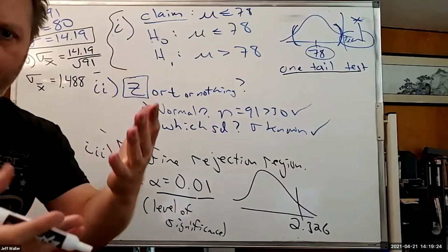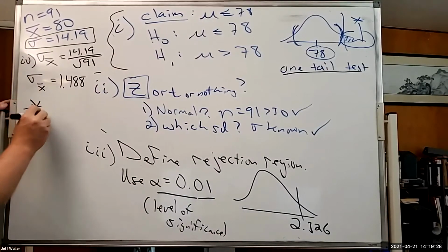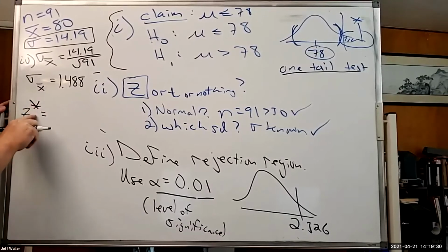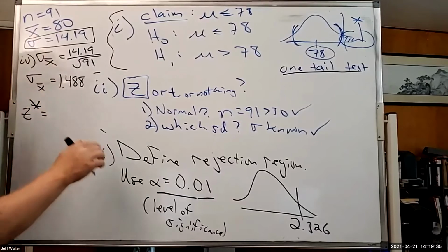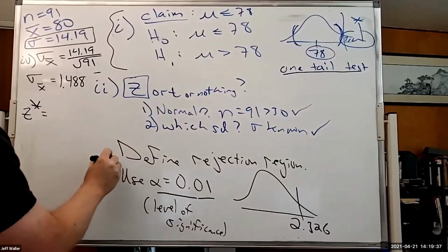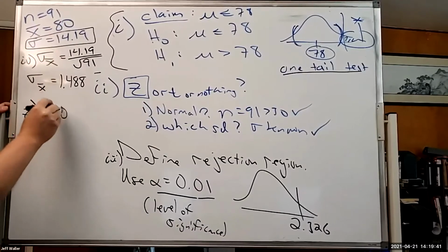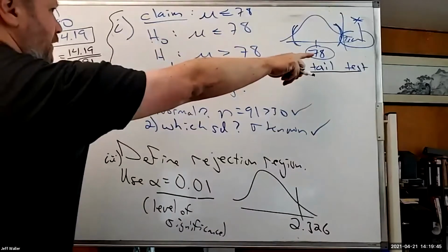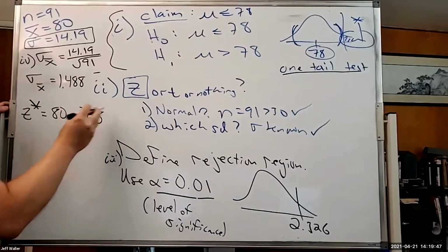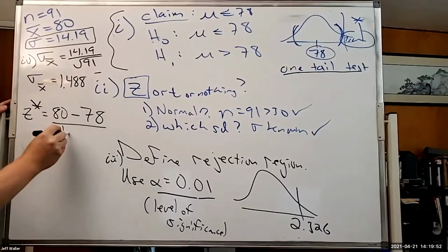And now we can do our z-score. Our z-star is what I call it. This is the z-score from our sample, right? So what is the z-score formula always? It's always our data, 80 in this case, minus the supposed middle, 78, divided by the standard deviation.